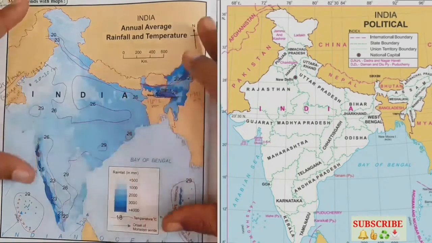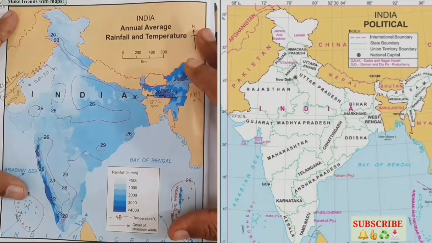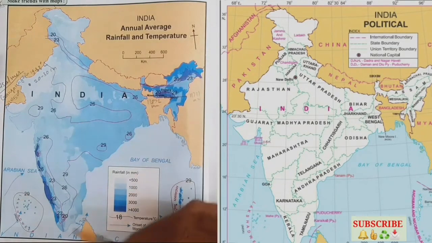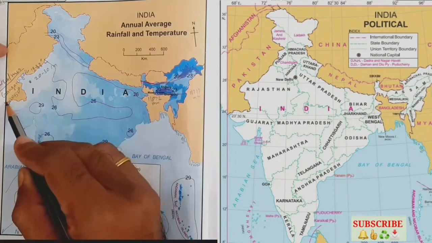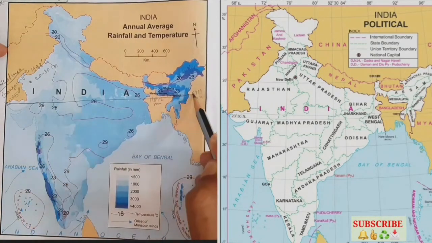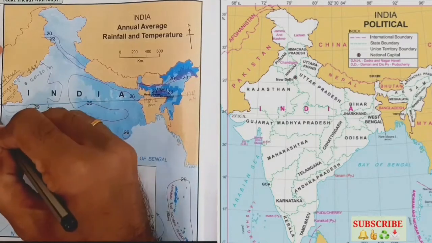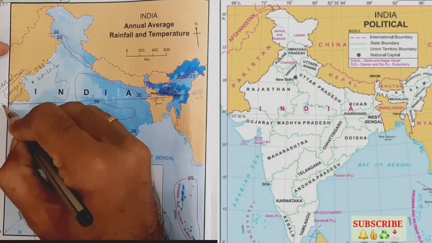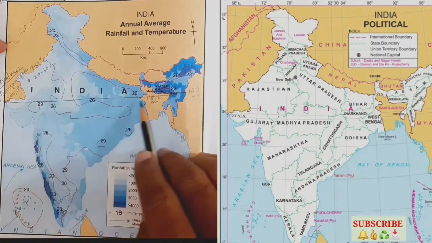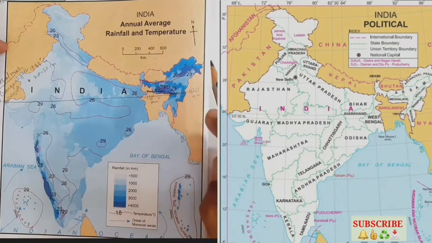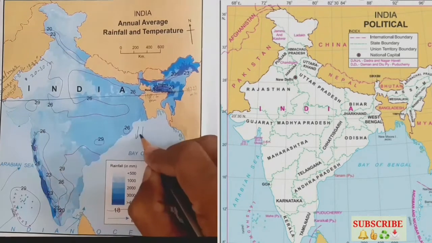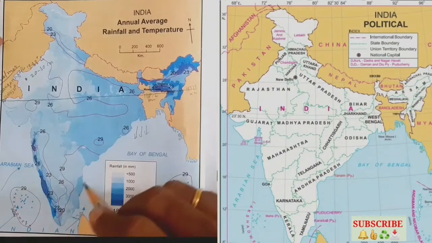Students, just now we have studied the location of India. India is located above the equator and the Tropic of Cancer passes through the middle of India, that is 23 degree 30 minutes. Because of this also, on the southern part of India, straight sun rays fall.